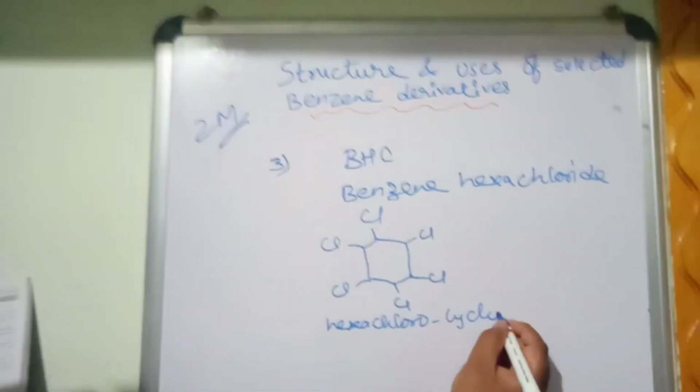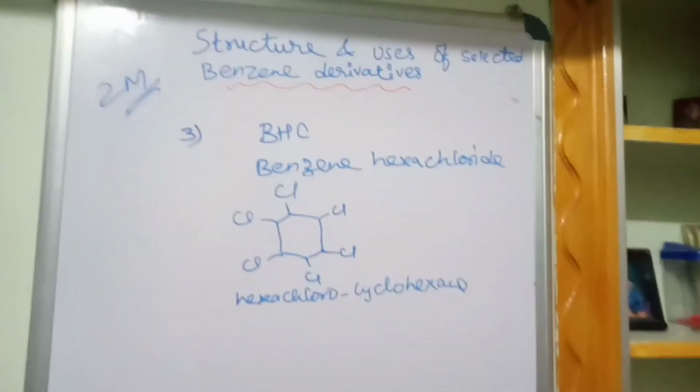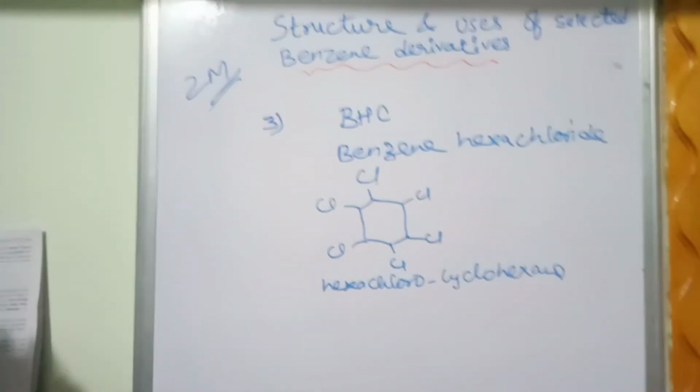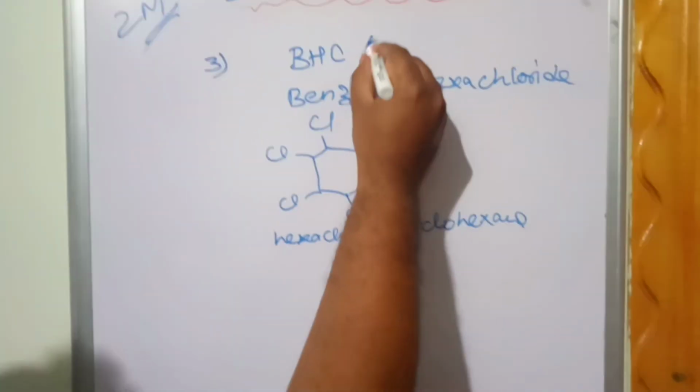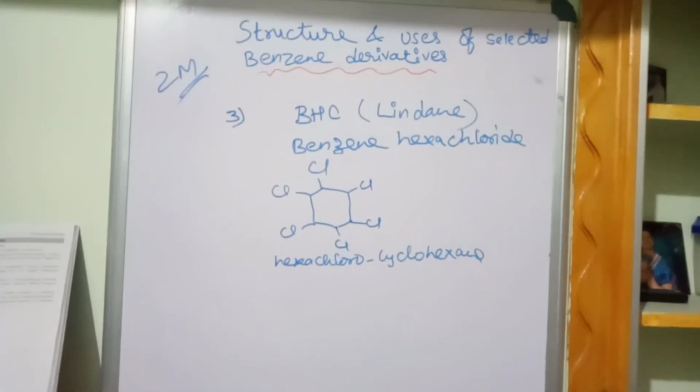Cyclo means cyclic. Cyclohexane, 6-membered ring which are saturated. It is also called as lindane. Generally we term it as lindane. What you get in a gamma isomer, it is a very important one.